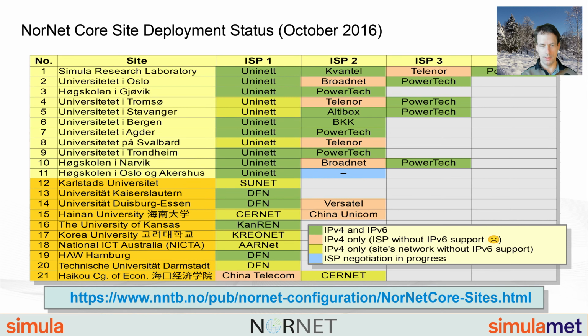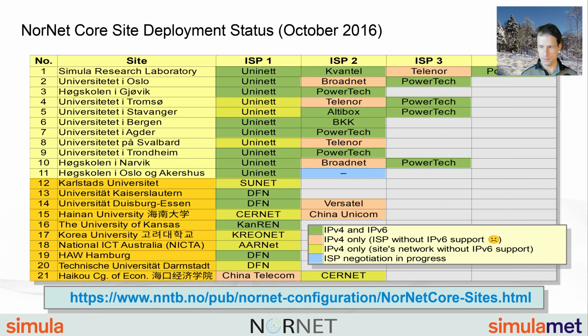But we still have 11 sites in Norway, and these sites are connected to up to 4 different internet service providers with quite different access technologies. For example, fiber connections for research network, business grade fibers, consumer grade fibers, and ADSL connections. And where we have IPv6, of course, we also provide IPv6 support.